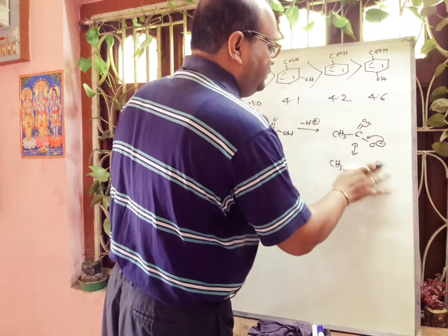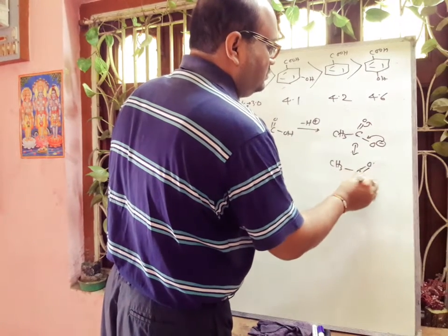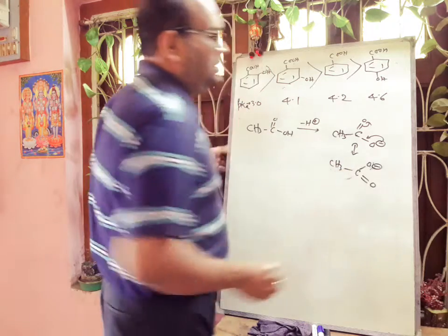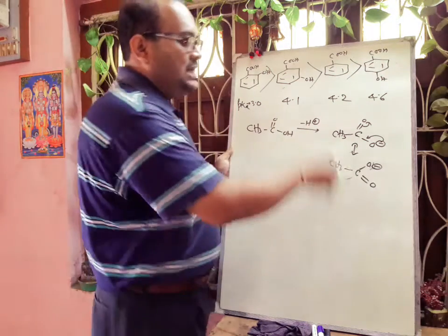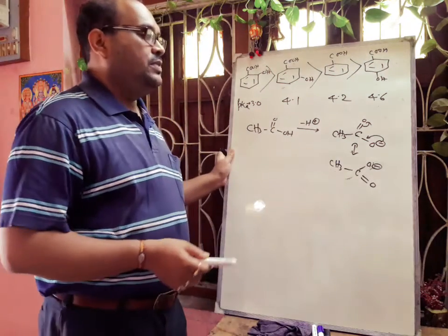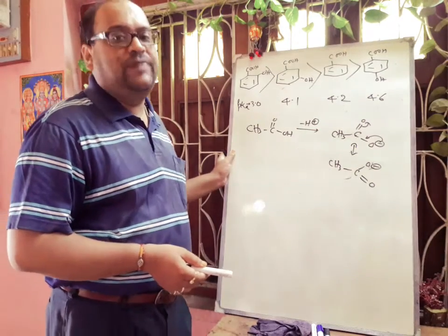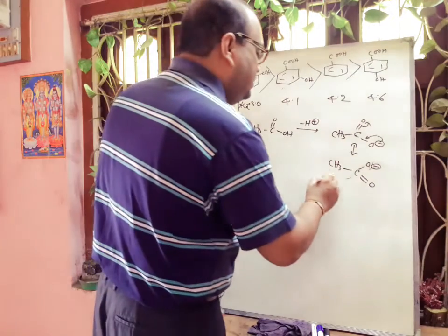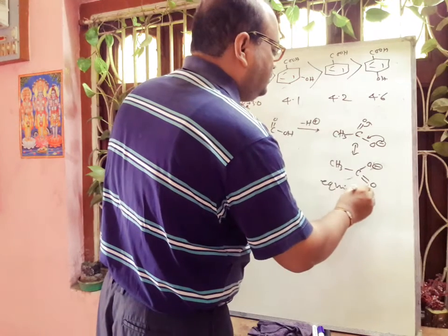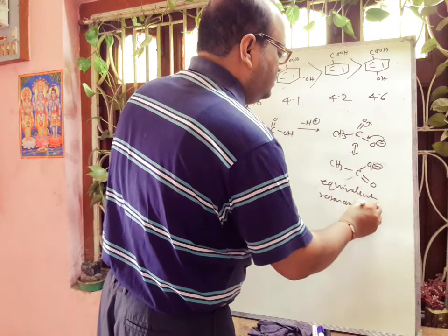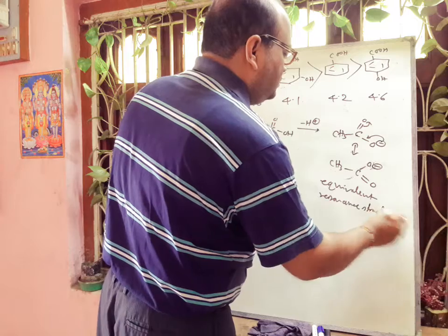So here the one negative charge is distributed between two oxygen atoms, and these two structures are equivalent resonance structures.